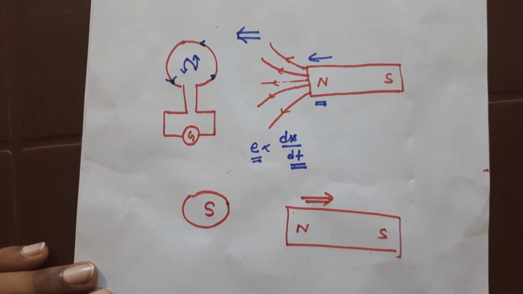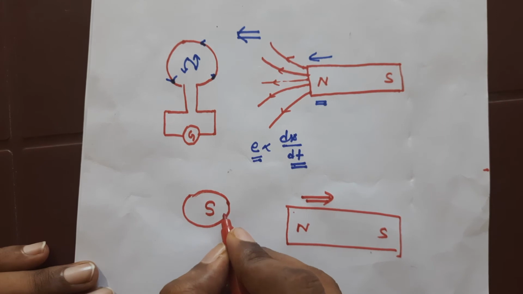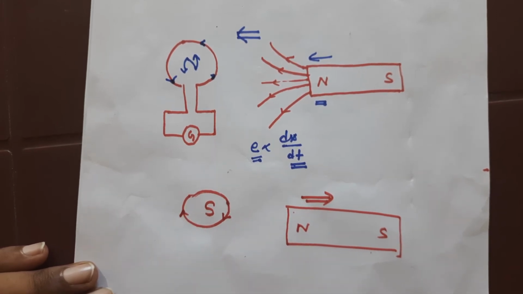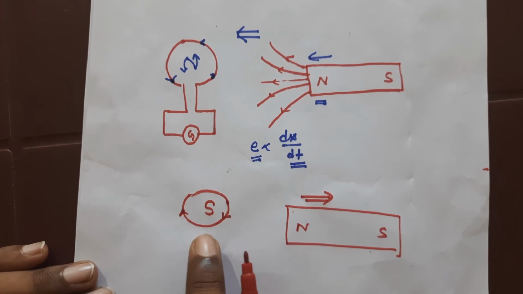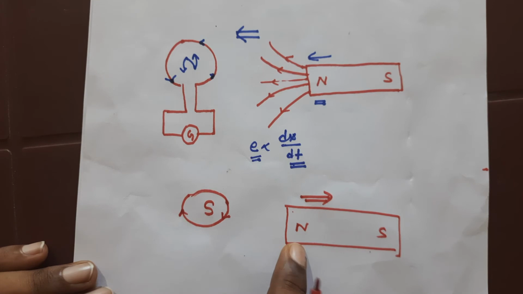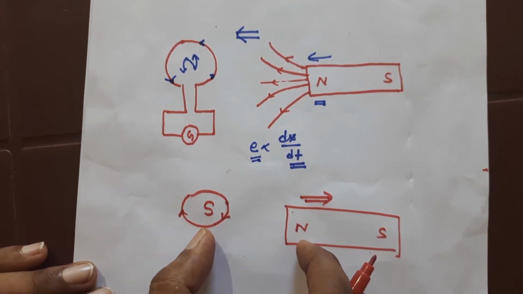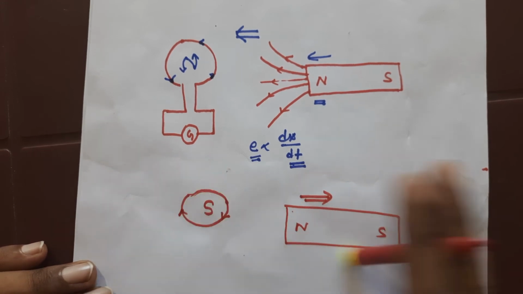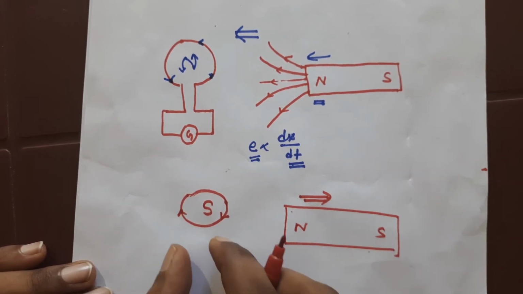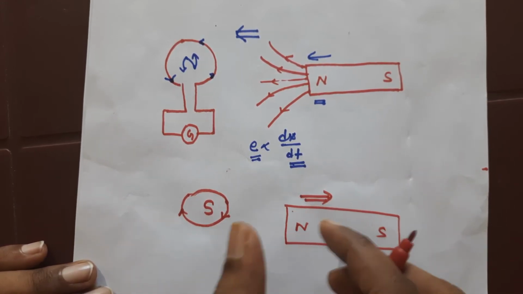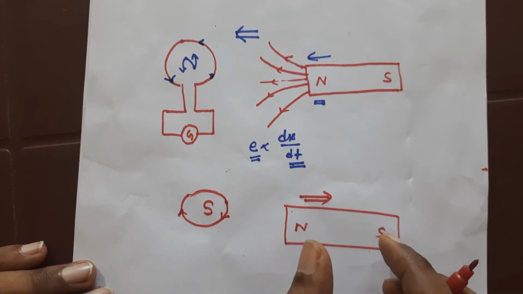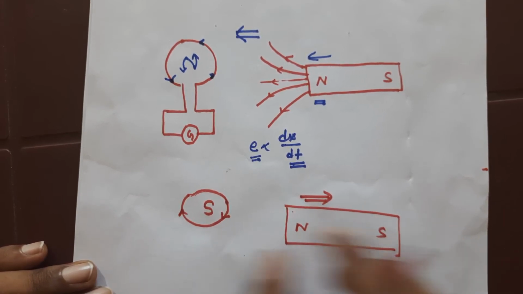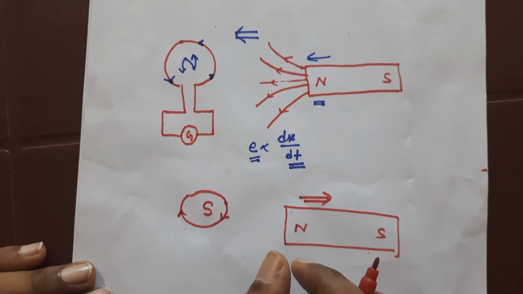And for the south pole to develop, the current direction will be clockwise, because if that does not happen, in that case a north pole will be developed, and the north poles will repel each other, and due to this the magnet will move away from the coil with more rapidity, because there is now an extra force. The agent is doing work and the force is also doing work.